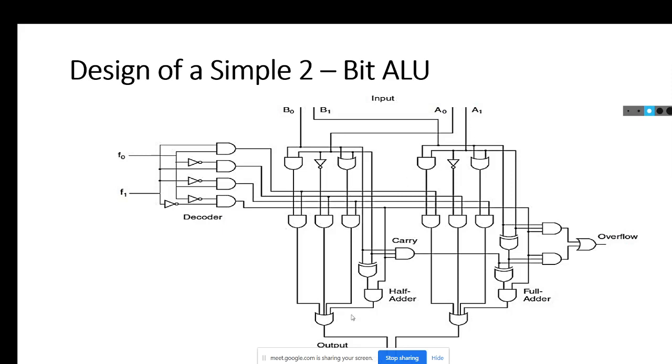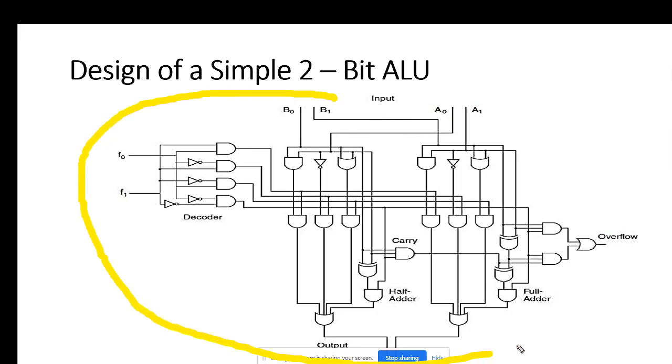There I explained all these steps, how this mini ALU is working, because it's very important to understand how the ALU works. This is just a mini ALU, consisting of 2 bits only. It is on YouTube. You can have a look at that. Maybe in the last 15 minutes I explain how this is working. So I am not going to explain it again.